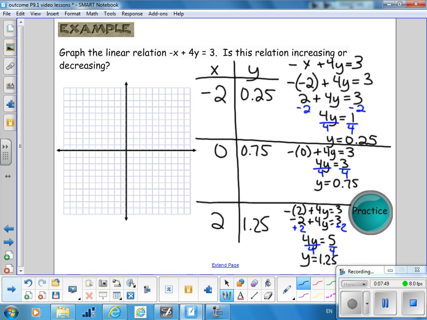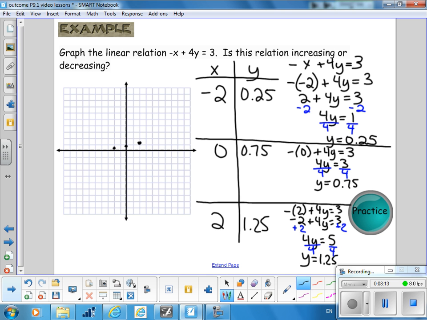So now we can plot these. Negative 2 and 0.25 means 2 to the left and about a quarter of the way up. And this is where the thickness of your pencil is going to cause you a little bit of problems. But you do the best you can. 0 and 0.75. So that means we don't even go up. We almost get to the 1. And then 2 and 1.25.